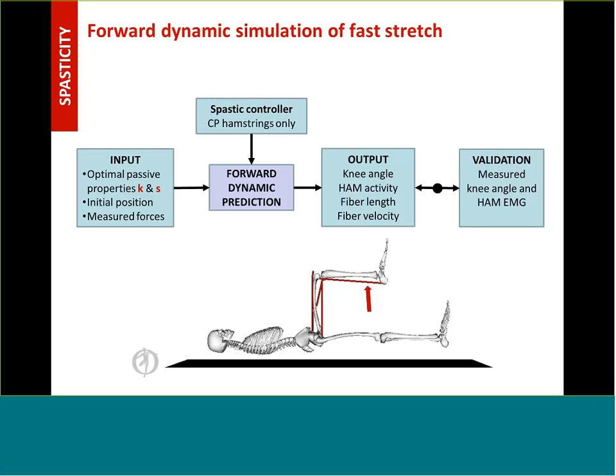But for the fast stretches of the CP subjects, we added a spastic controller to the hamstrings, which would activate the muscle depending on the stretch velocity, and this resulted then in non-zero muscle activity. The predicted knee angle and hamstring activity were then compared to measured knee angle and EMG for validation. The hamstring's fiber length and velocity were also evaluated to gain a more in-depth insight in the controller's behavior.